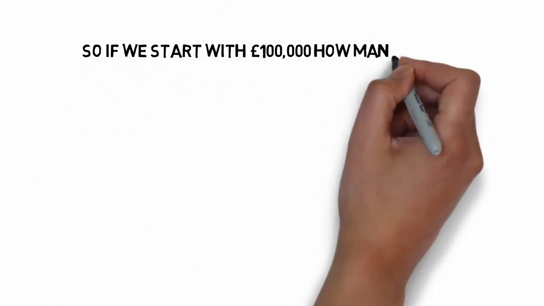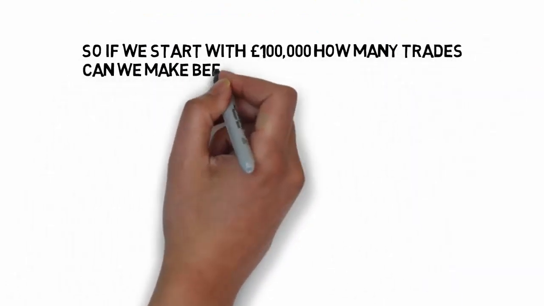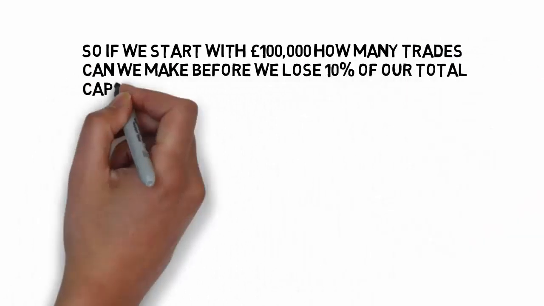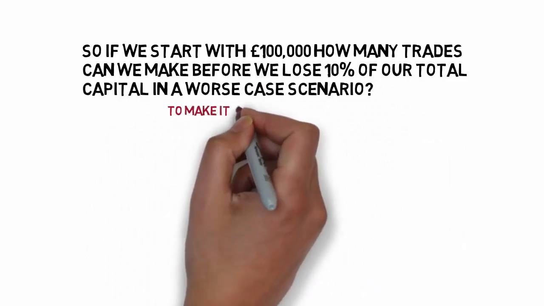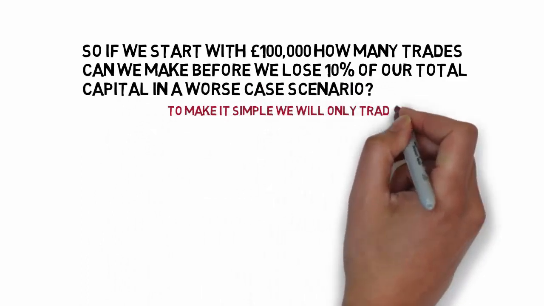So if we start with £100,000, how many trades can we make before we lose 10% of our total capital in a worst case scenario? To make it simple, we will only trade one item at a time.